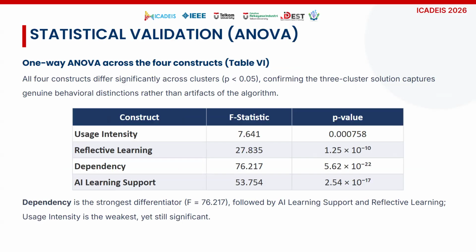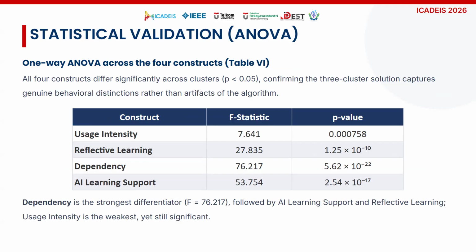After identifying these three groups, we needed to confirm that the differences were not due to chance, much like comparing three schools' classes and ensuring that the differences in height are real, not random. We tested all four constructs and all were found to differ significantly across groups.